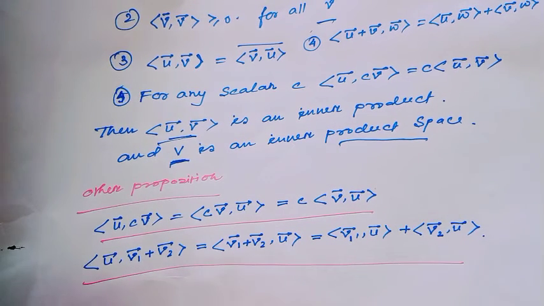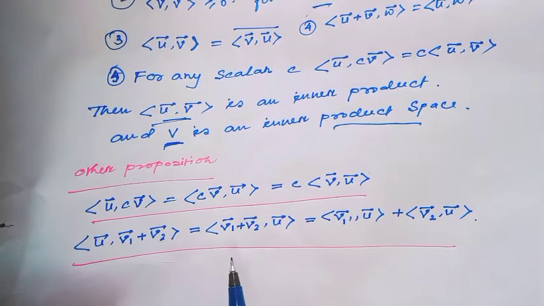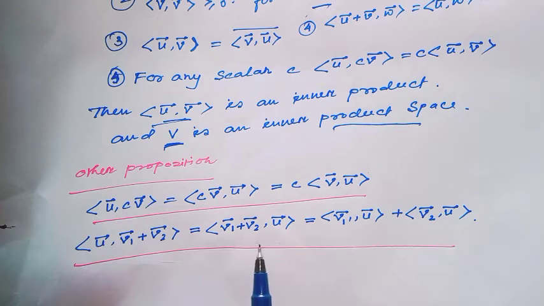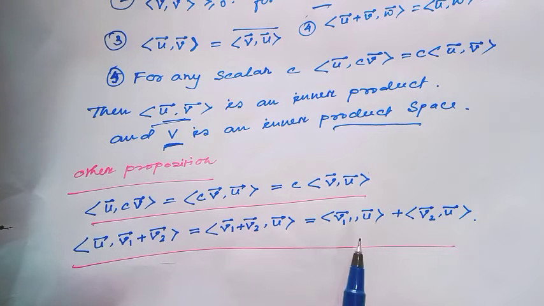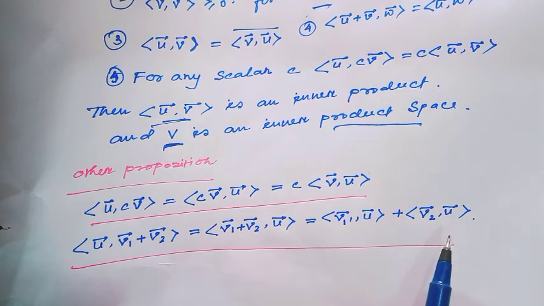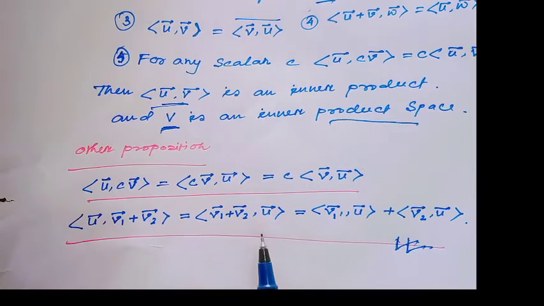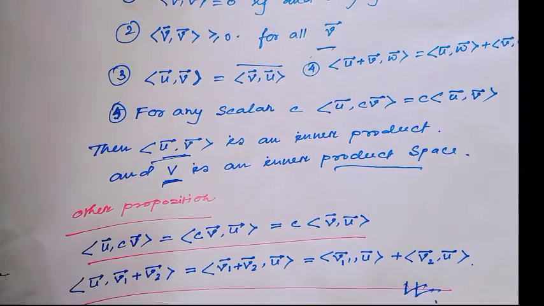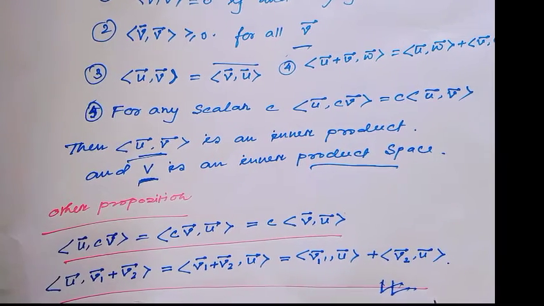And inner product of u comma v1 plus v2: by the property of symmetry, we can write it as inner product of v1 plus v2 comma u. And this is actually equal to inner product of v1 comma u plus inner product of v2 comma u. This is also a property of the inner product, and it will be included for the inner product.